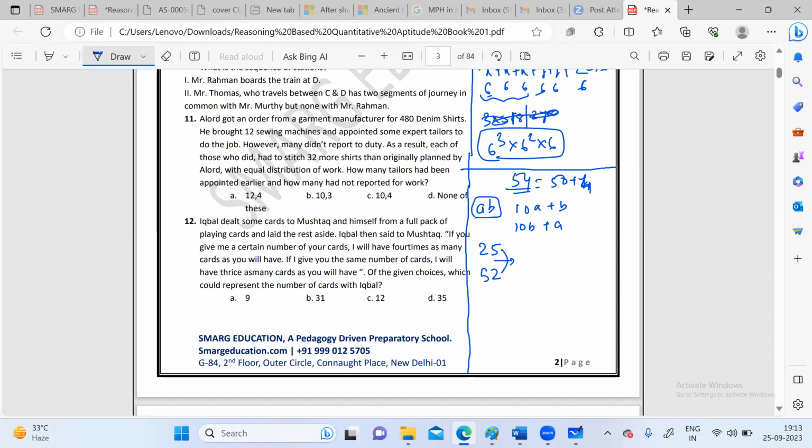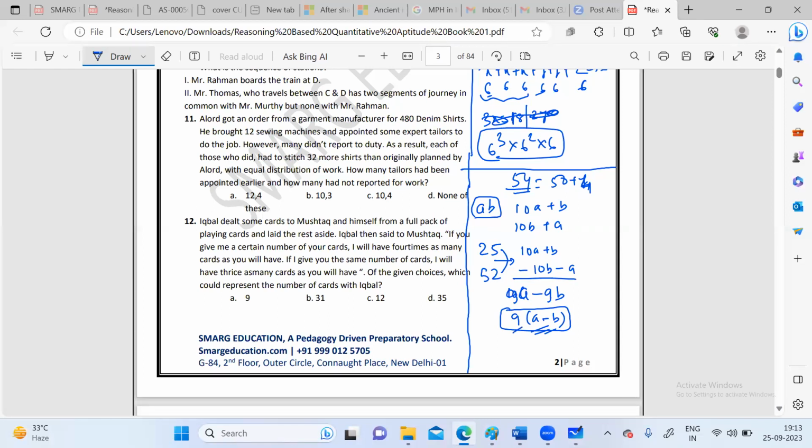And when you calculate this difference, 10A plus B minus 10B minus A, you'll find 9A minus 9B, which is 9 times (A minus B). You can see that this is the difference of digits A and B, multiplied by 9.